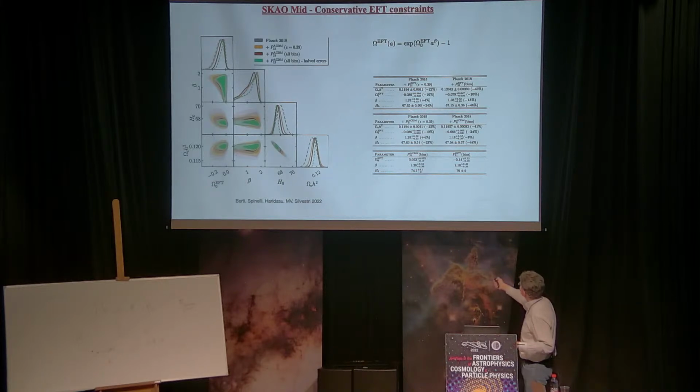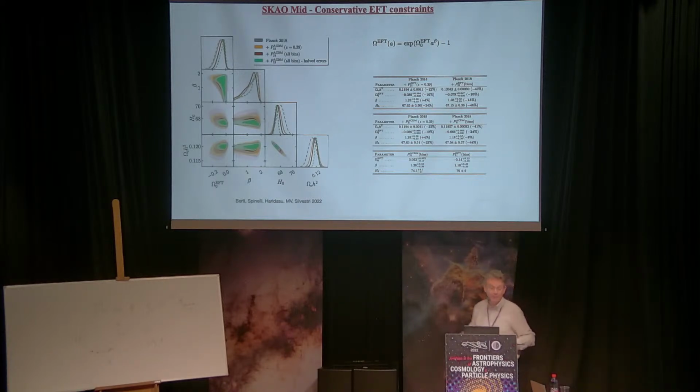And the point is, well, there are many numbers here. The point is that you can improve over Planck in terms of beta at the level of 10%, in terms of omega EFT at the level of 24, 26%. I remind you, these are Planck real data and forecast for 21 centimeter experiments hopefully happening in the next 5 years.